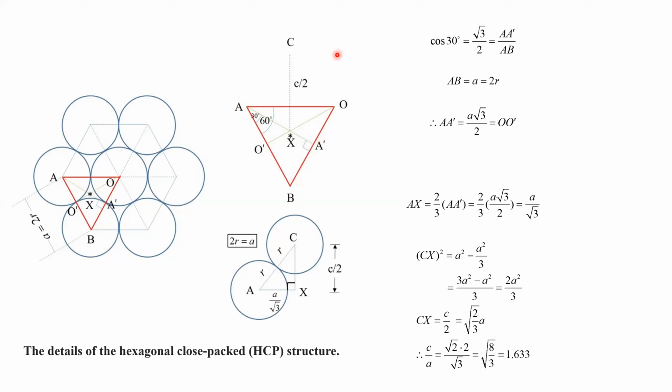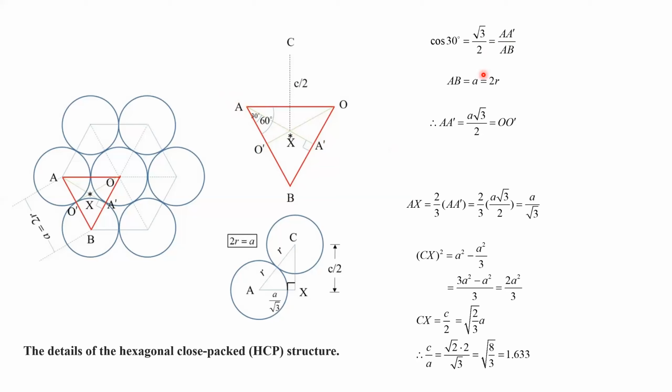And you have to know these cosine angles, especially here, cosine 30 degrees is square root of 3 over 2. So it's A prime, this length, divided by AB, the hypotenuse length here.